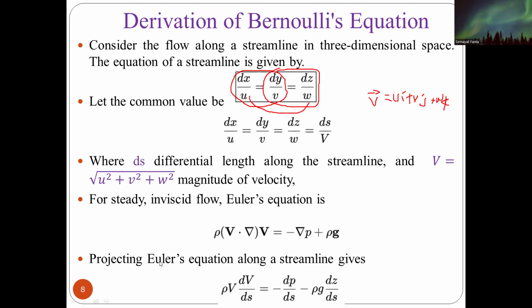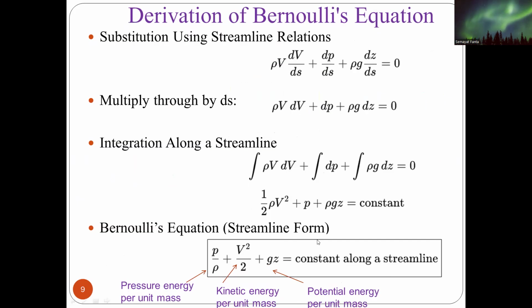Projecting the Euler equation along the streamline, we get rho V dV over ds equals minus dp over ds minus rho g dz over ds. Dividing both sides by ds, we are left with rho V dV equals minus dp minus rho g dz. Okay, so this is the equation.